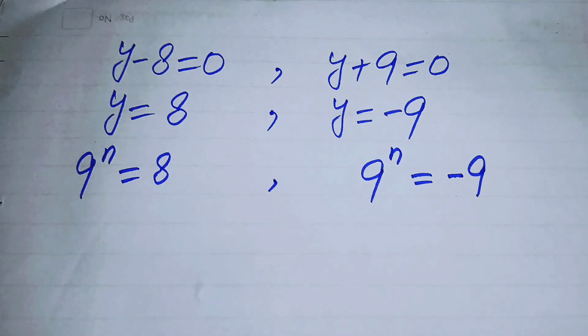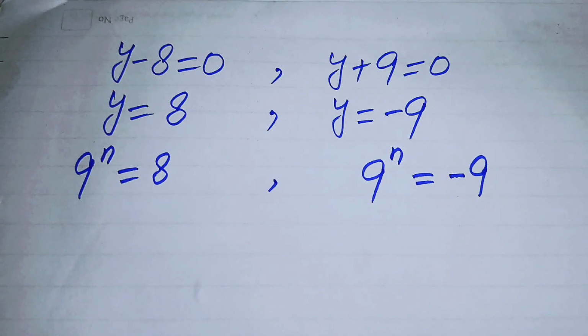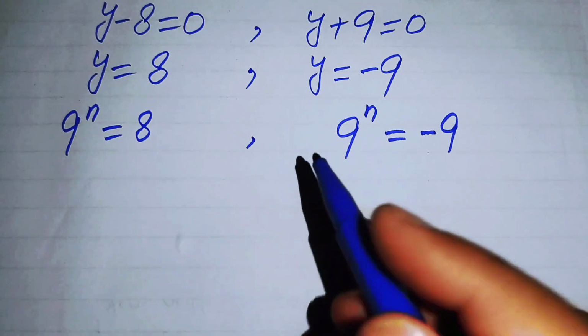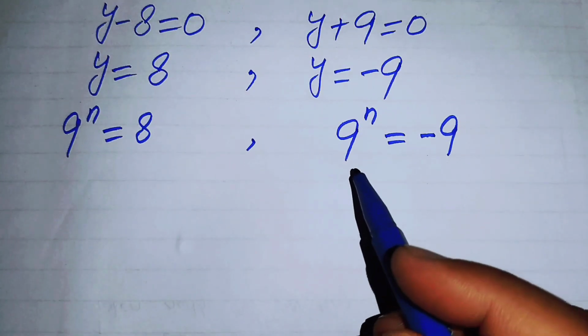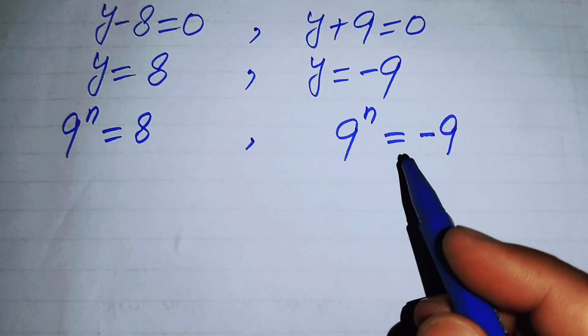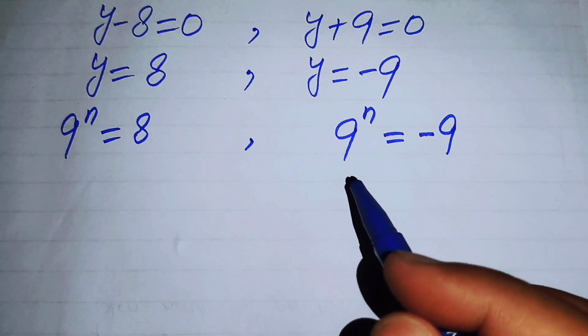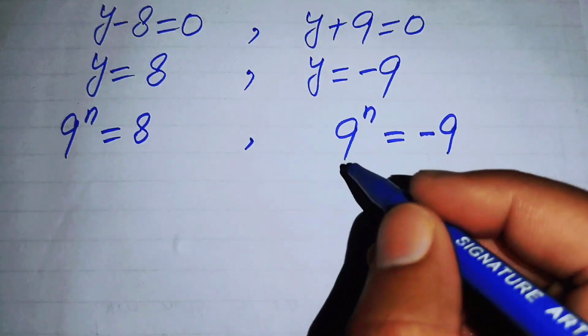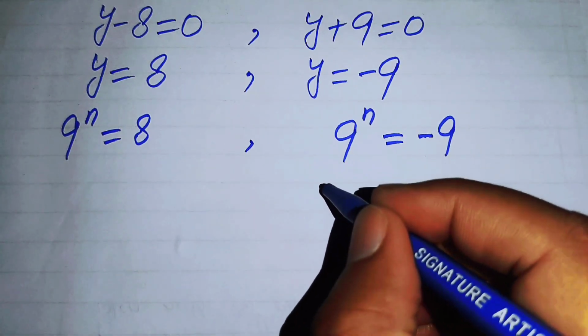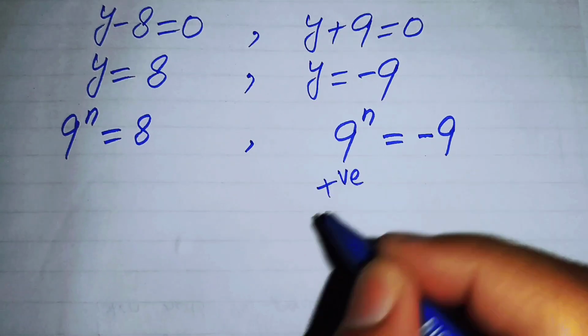First focus on the second case. In the left hand side we have an exponential function, and in the right hand side we have a negative term. You well know that an exponential function always gives a positive value.